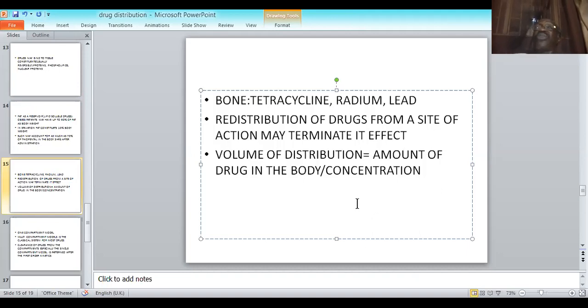Since she has more body fluids, the concentration of drug may be less, and that may actually affect the therapeutic outcome.